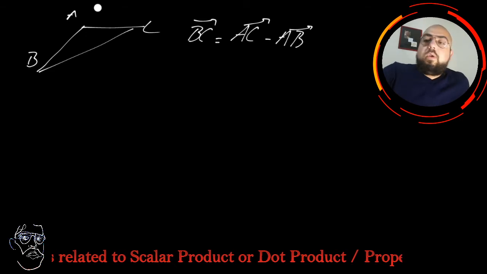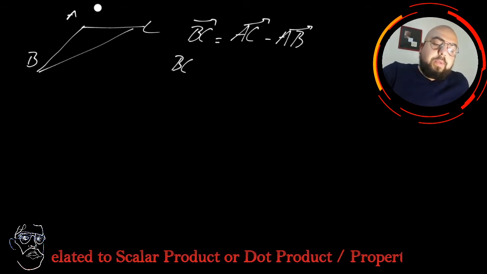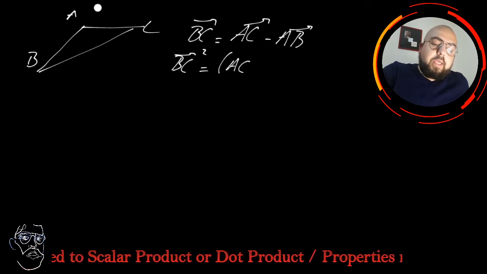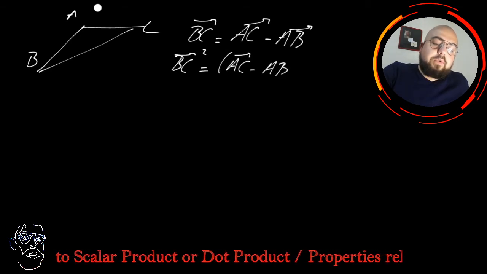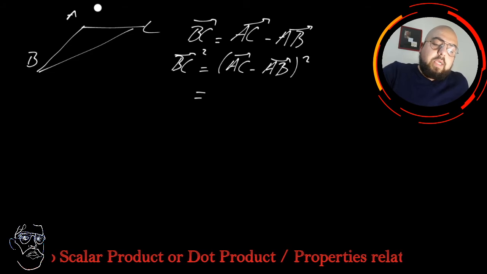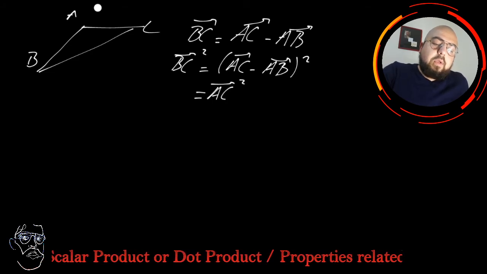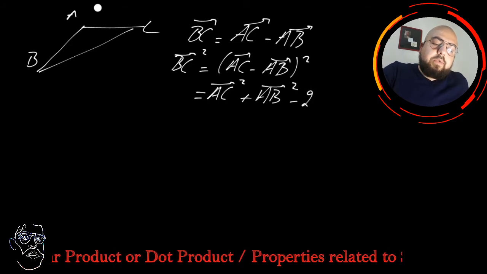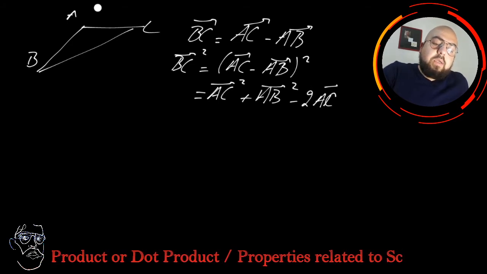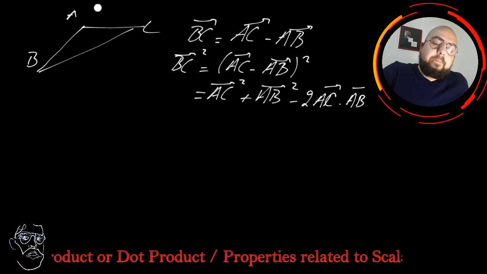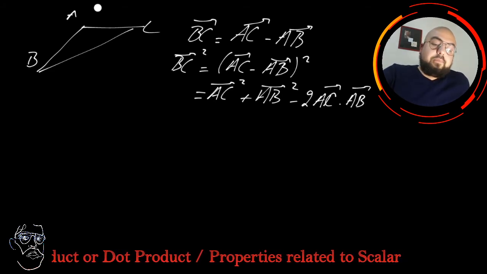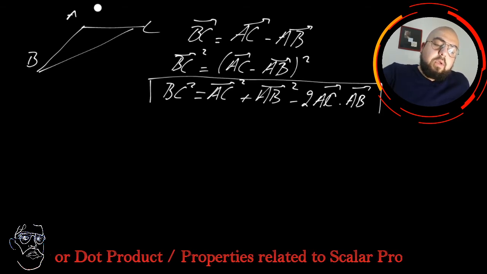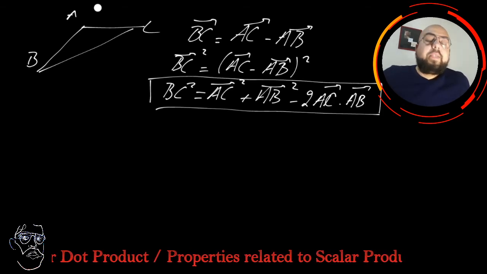All right, so BC squared will be equal to (AC minus AB) to the power of 2. So it's AC squared plus AB squared minus 2 times AC scalar AB. So this is actually the generalized form of Pythagoras theorem.